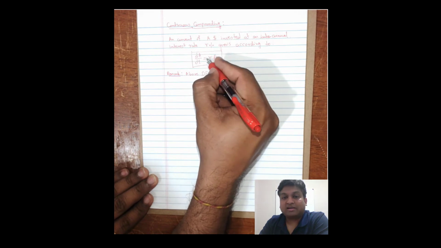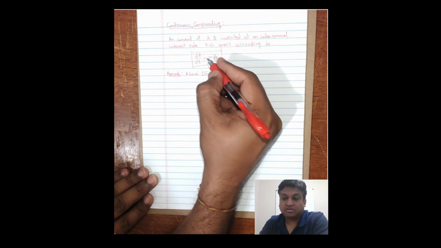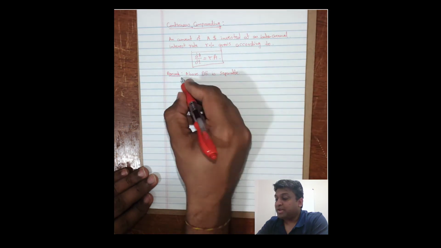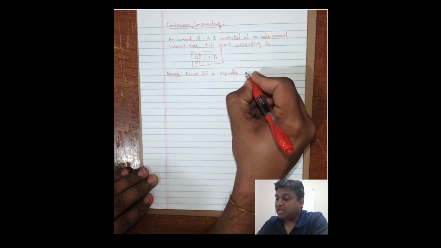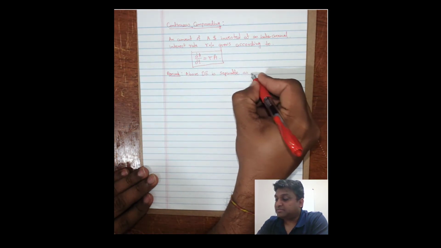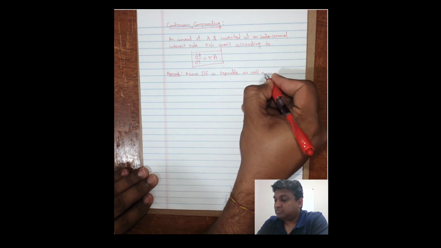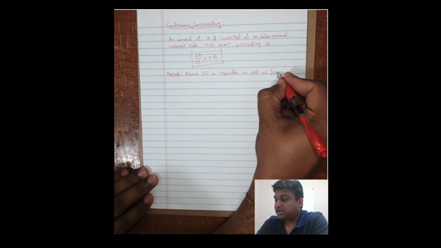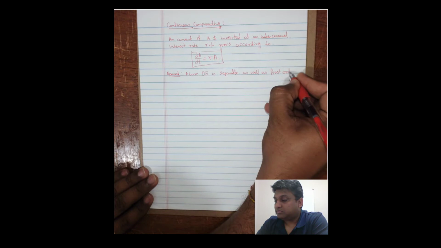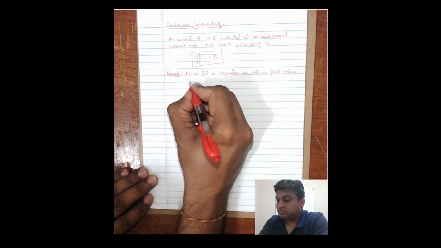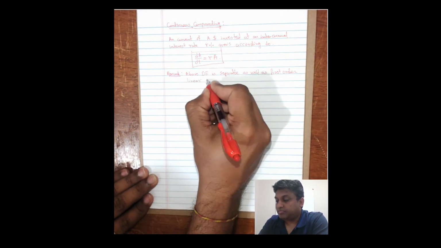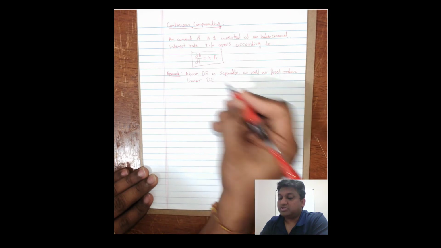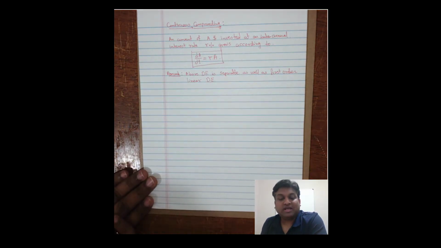Remember, R is a constant. The interest rate is not going to change. It's a separable DE as well as a first order linear DE. So this is a differential equation that falls in both categories.